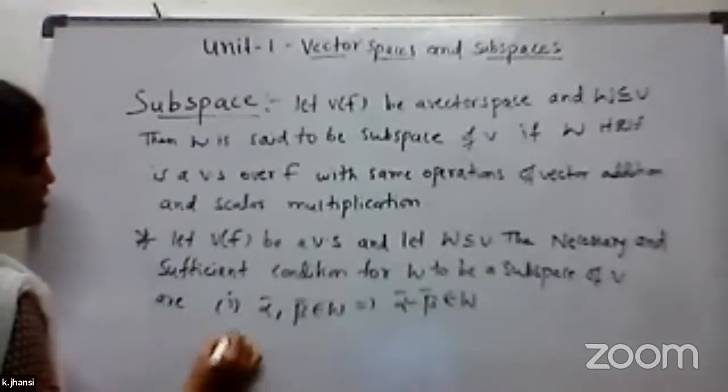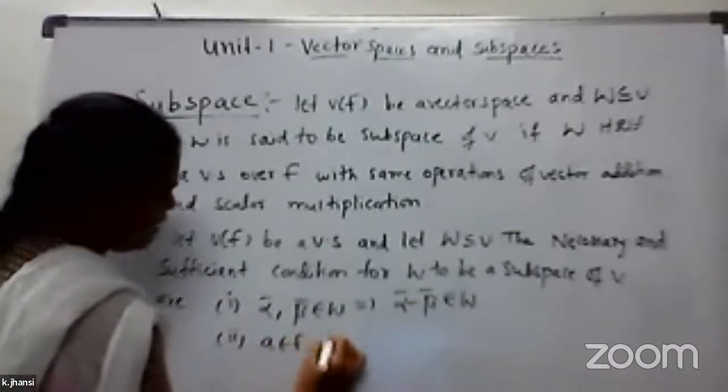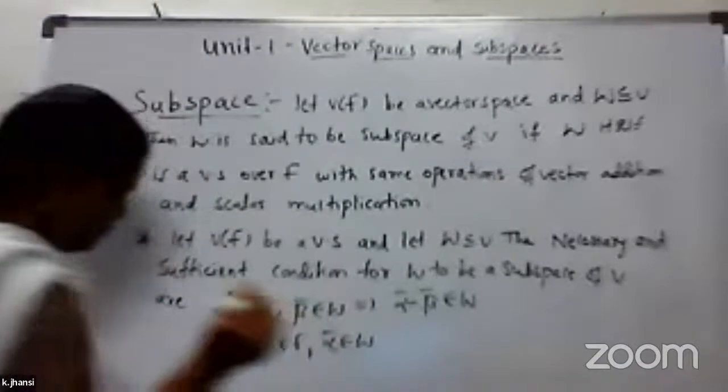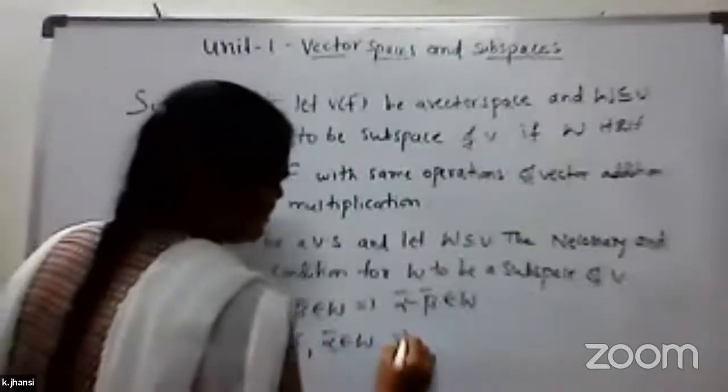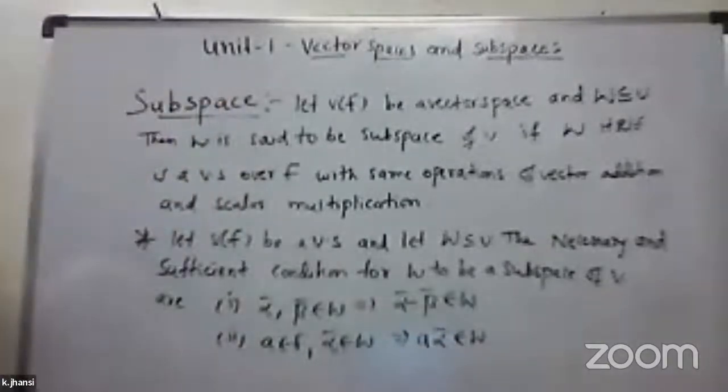Second one is A belongs to F and alpha bar belongs to W implies A into alpha bar belongs to W. This is the second condition.